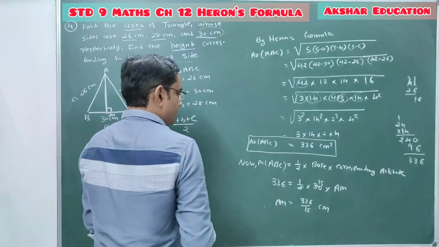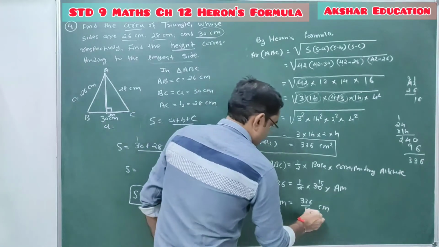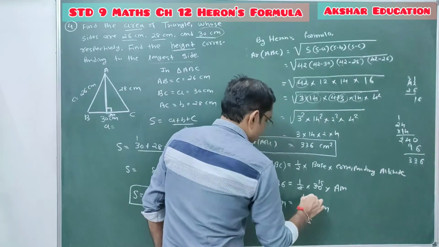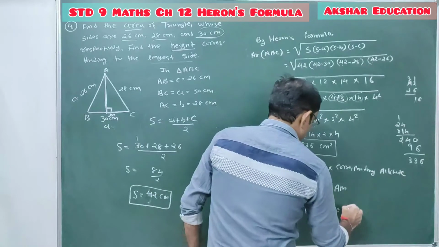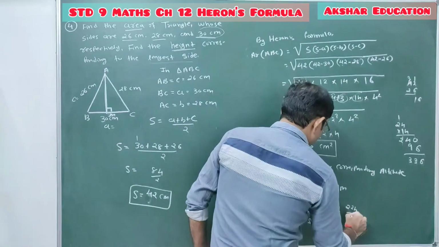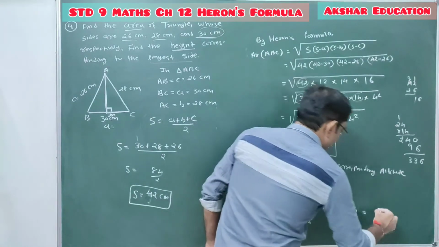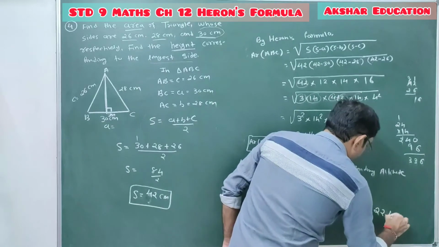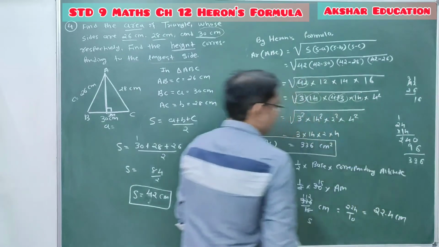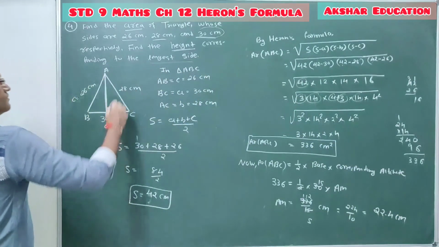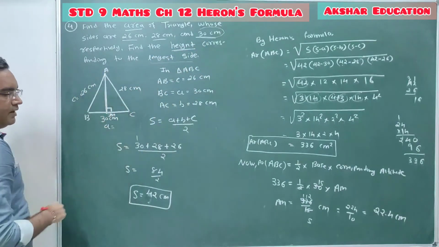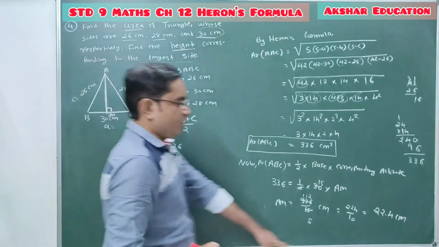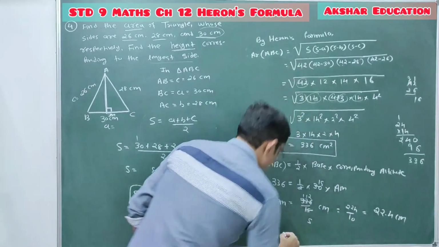So it will give us the answer in fraction. 3 5s are 15, 3 1s are 3, 3 1s are 3, 3 2s are 6. So 224 by 10. So we are getting the altitude is 22.4 centimeter. Done. So the height corresponding to the longest side, that means the length of AM, is 22.4 centimeter.